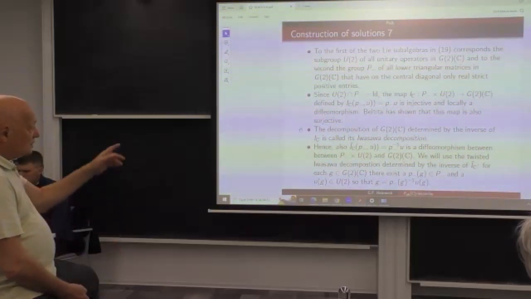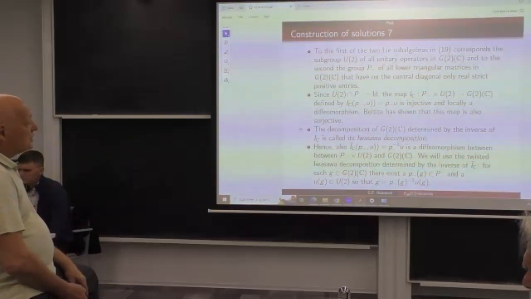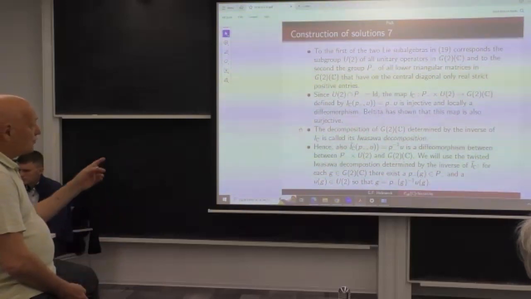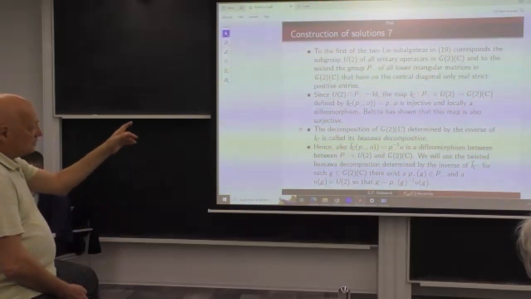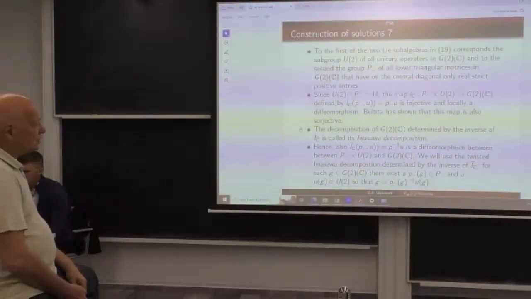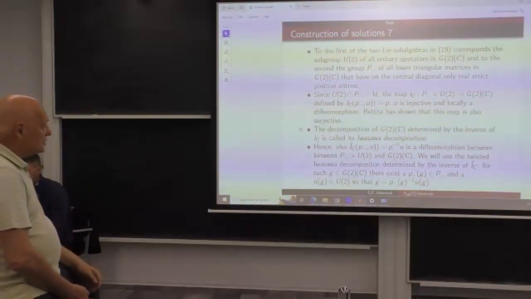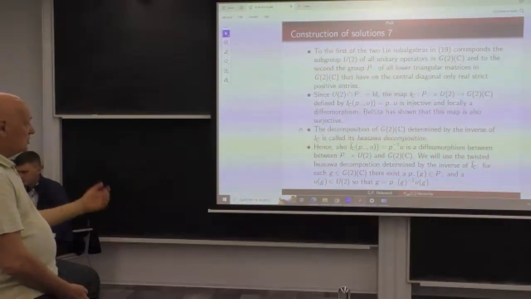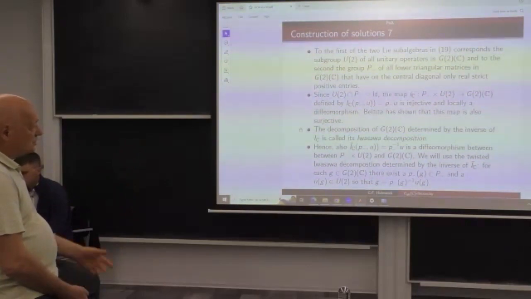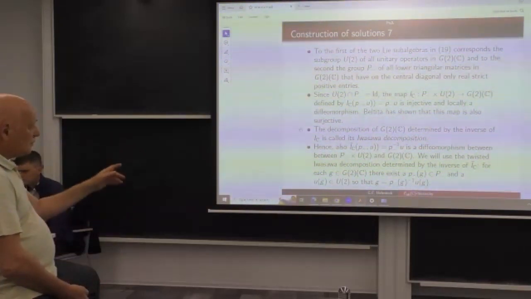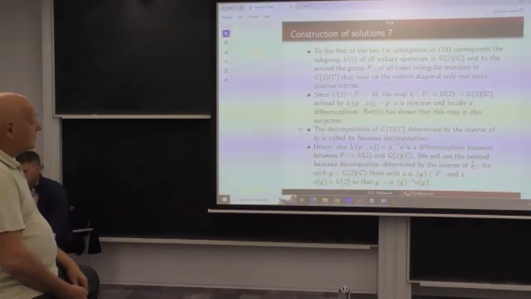So this map is a diffeomorphism of the group, and it splits into two components, P minus and U2. So the inverse of this map determines a decomposition of the group G2C. And that's the Iwasawa decomposition.